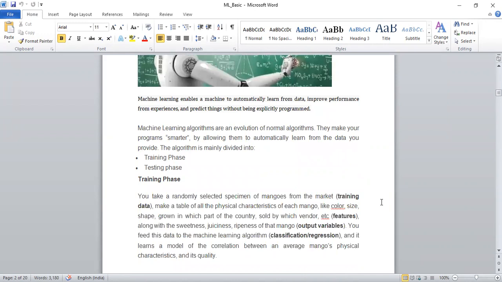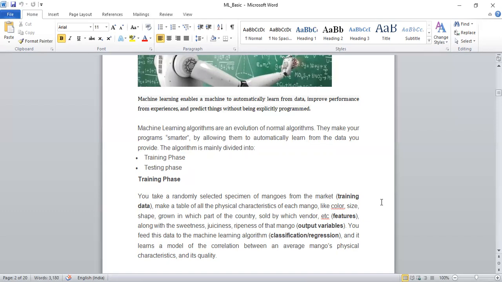Now look, what is this training phase? You take a randomly selected specimen of mangoes from the market, that is training data. Make a table of all the physical characteristics of each mango, like color, size, shape, grown in which part of the country, that is origin, sold by which vendor, etc. These are the features, along with the sweetness, juiciness, and ripeness of the mango.